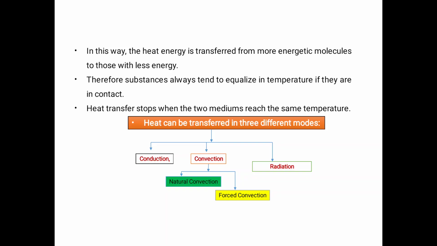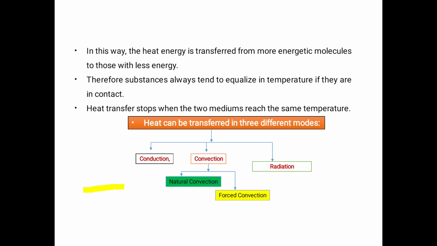Heat can transfer in three different modes: conduction, convection and radiation. Conduction: when we take the example of metal, heat is transferred by conduction. Convection: natural convection and forced convection. And radiation: heat is transferred in the form of electromagnetic radiation.